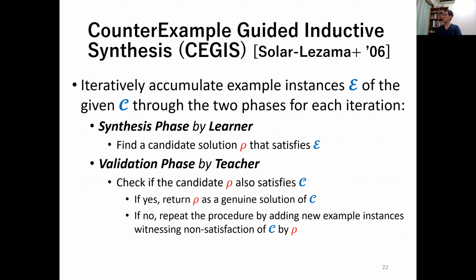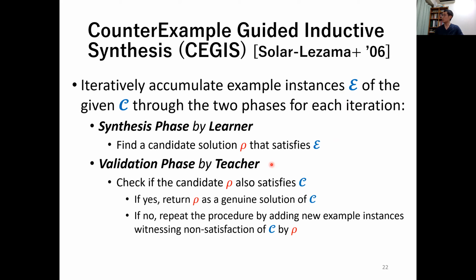So, a recap of CounterExample-Guided Inductive Synthesis, CEGIS. The idea here is to iteratively accumulate example instances E of the given clauses through two phases. The first phase is the synthesis phase by a learner. Here, the learner tries to find a candidate solution that satisfies the example instances. The second phase is the validation phase by a teacher.